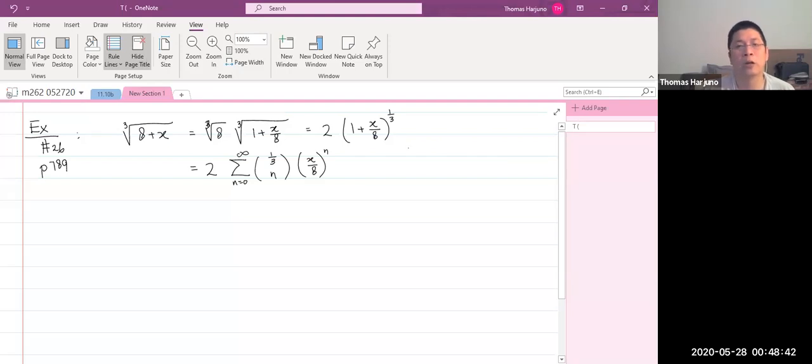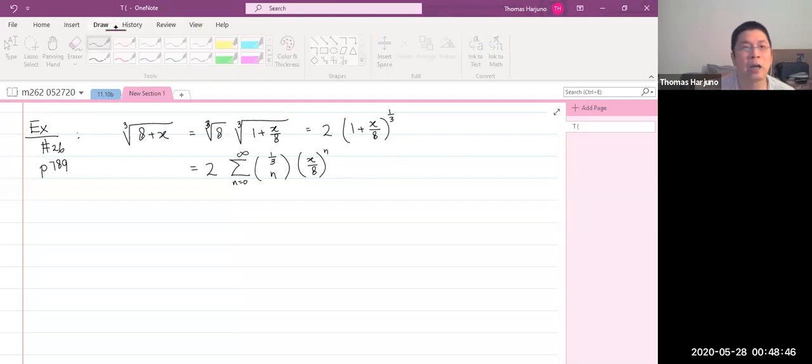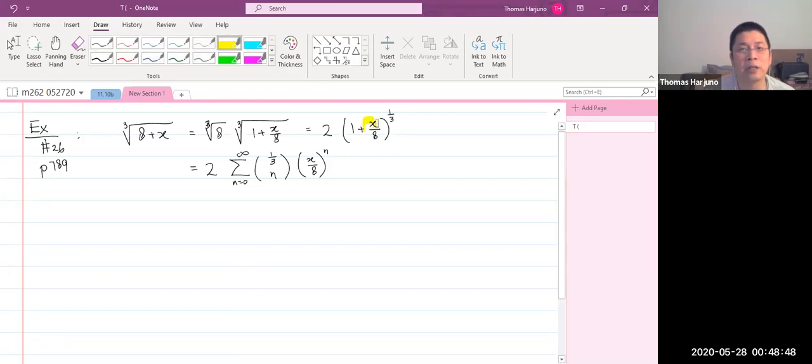Where the radius of convergence, I replace the x supposed to be here by x over 8. So magnitude of x over 8 should be less than 1, absolute value of x therefore less than 8. That's our radius of convergence, 8.